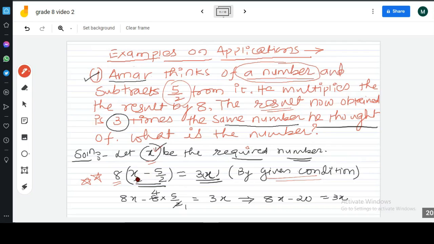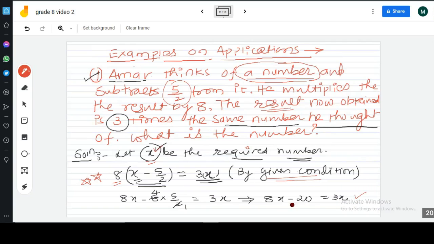Multiply this 8 inside the bracket to both terms. 8 into x is 8x. Minus 8 into 5 by 2. This 2 and 8 can be simplified, so it becomes minus 4 into 5. 4 fives are 20. So the equation we have is 8x minus 20 equals 3x.